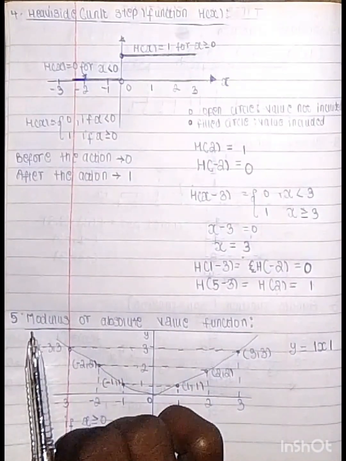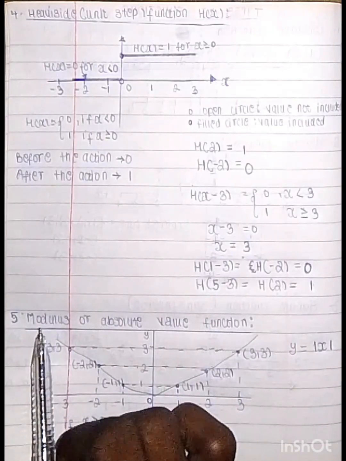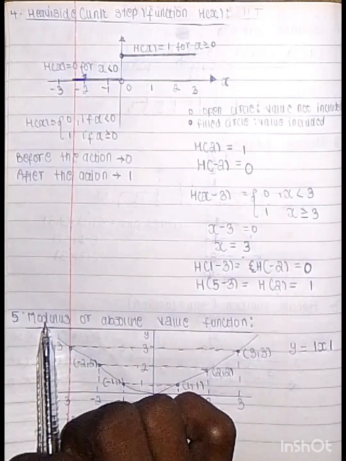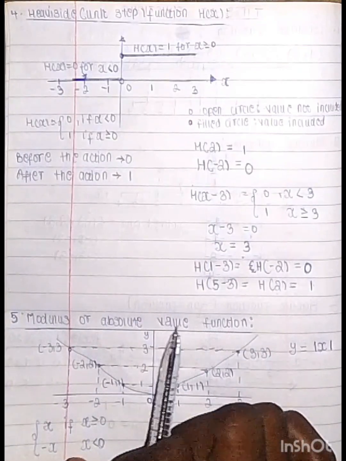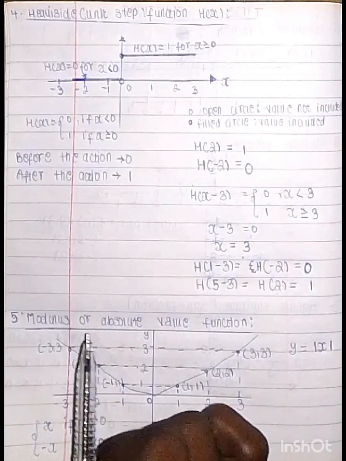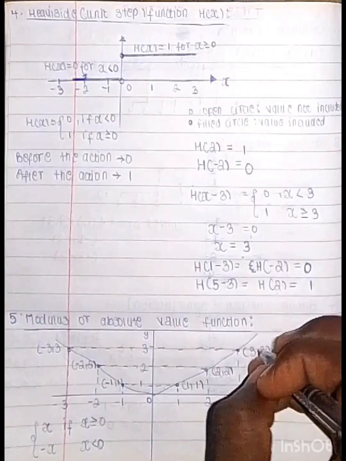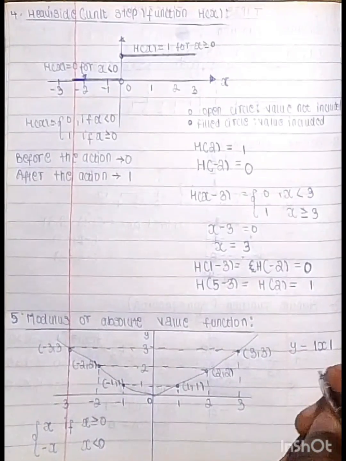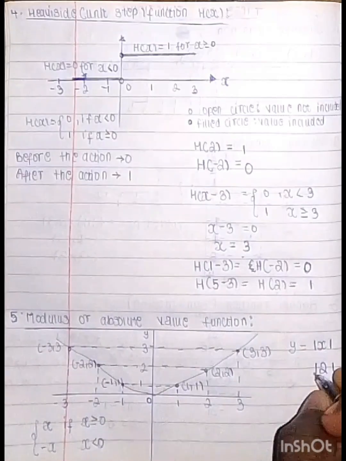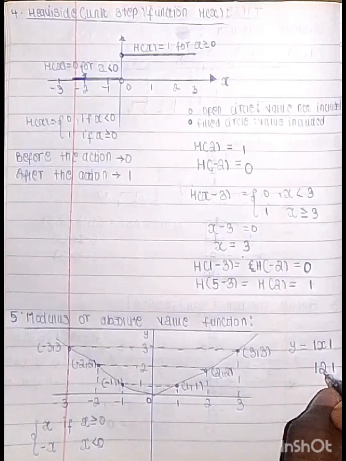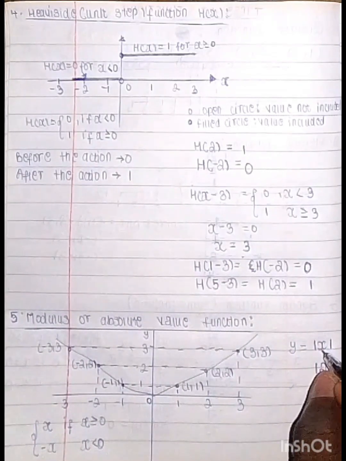Now, we have another type of function known as a modulus or absolute value function. If you have a number in this form, this means this is the absolute value of 2, while this is the absolute value of x.